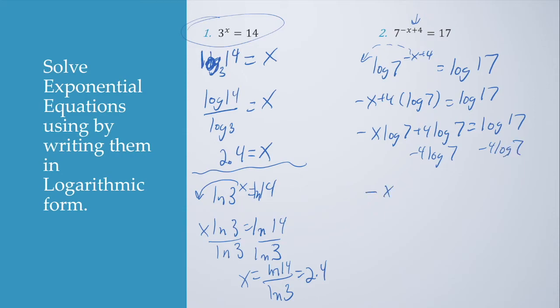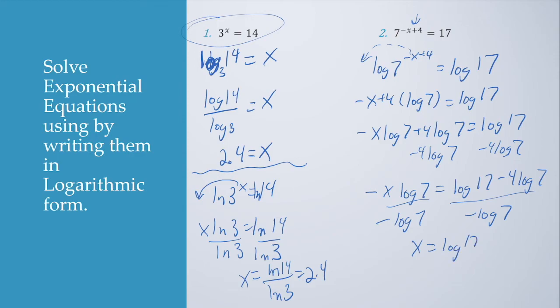So I get negative x times log of 7 is log of 17 minus 4 log of 7. And I divide all of that by negative log of 7 because I want a positive x. So I get x equals log of 17 minus 4 log of 7 over negative log of 7, and that's actually going to give us 2.544.